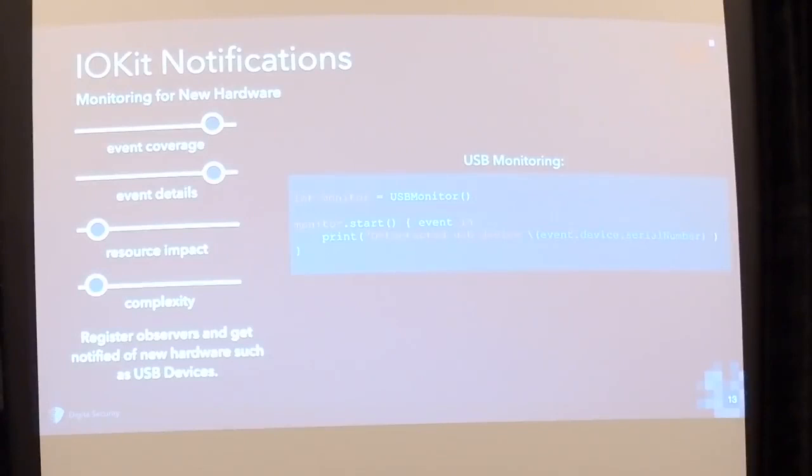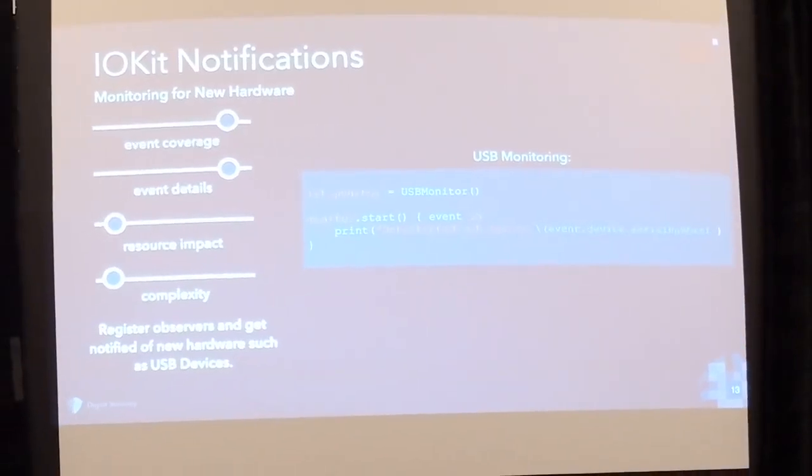So for example, someone plugs in a USB drive, we can then get that nice callback to say, hey, there's a brand new USB drive that was plugged in here. We dig into it, pull out all the information, such as the device ID, the vendor ID, all of those sorts of things, and you get that nice event object back, and yeah, simple as that.